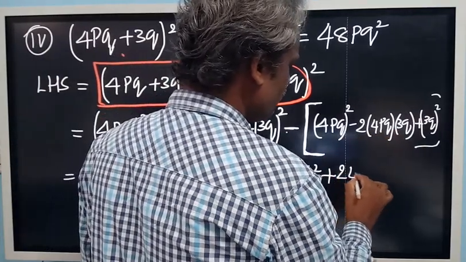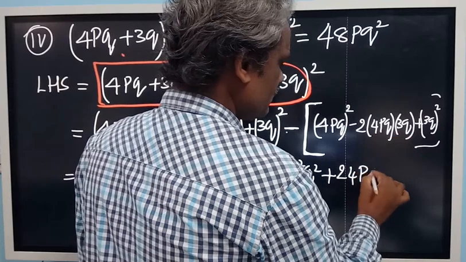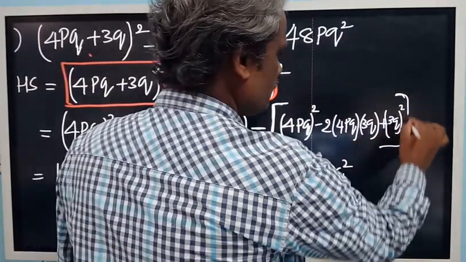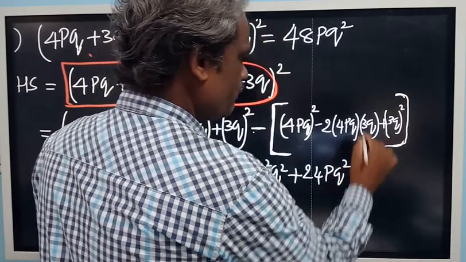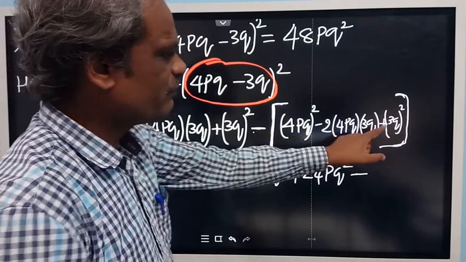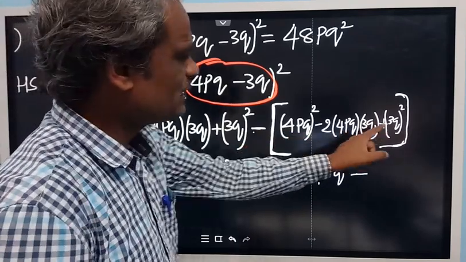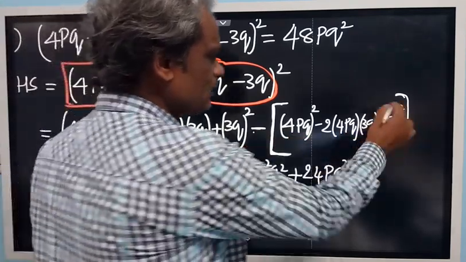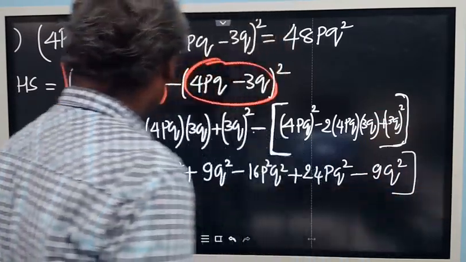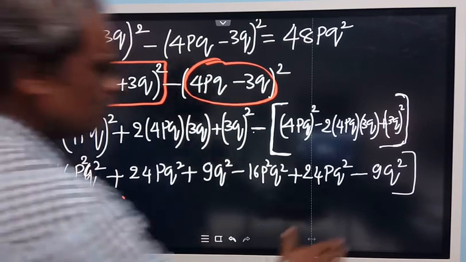So 2 4s are 8, 8 3s are 24, so here 24pq². Okay, then look at this. Plus, this is minus into plus, it will become minus. Here we have a plus sign; you multiply this minus inside, it becomes minus. (3q)² means 9q². So this is the simplification.